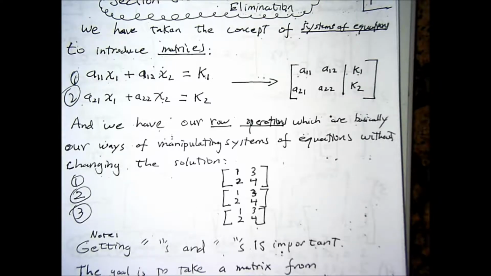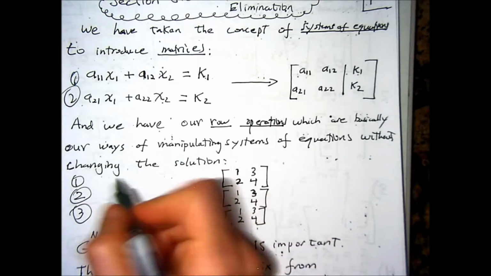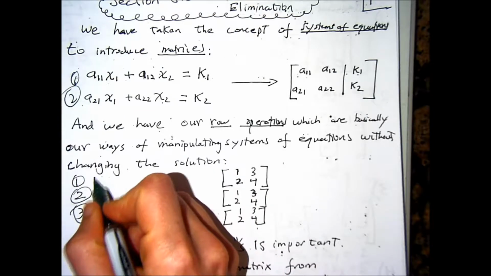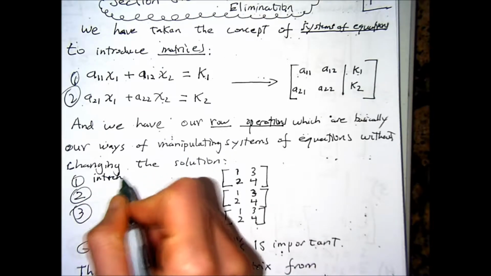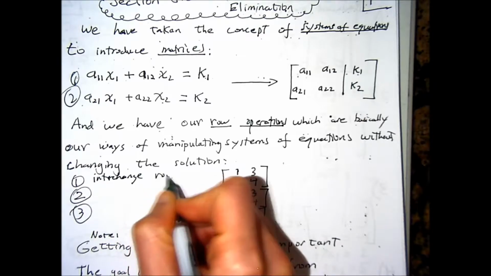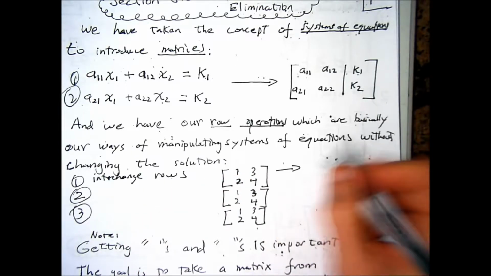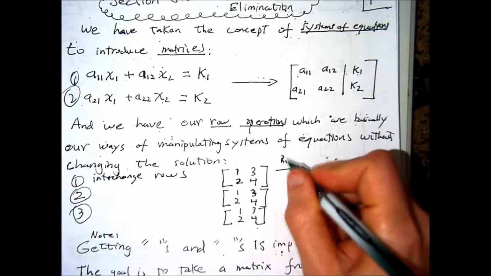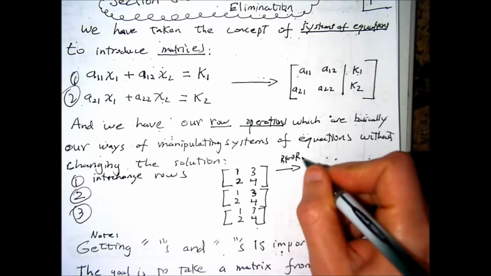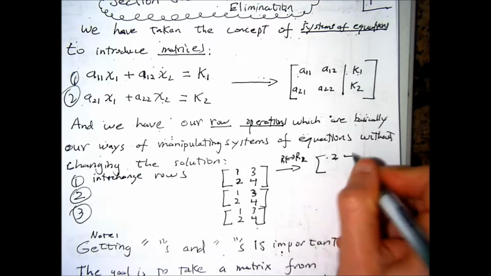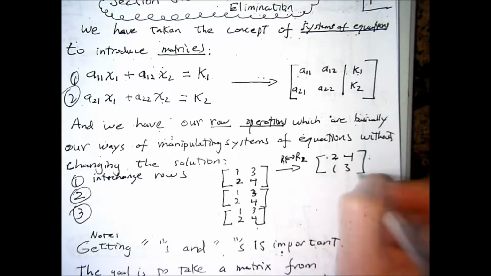And here they are again. We can interchange rows. So this would become, and I would write this as row 1 interchange row 2, 2, 4, 1, 3.